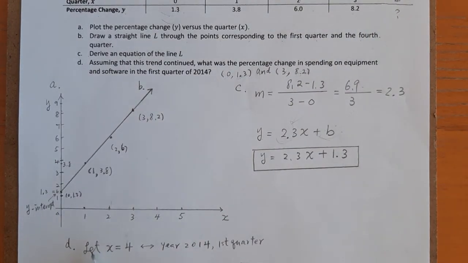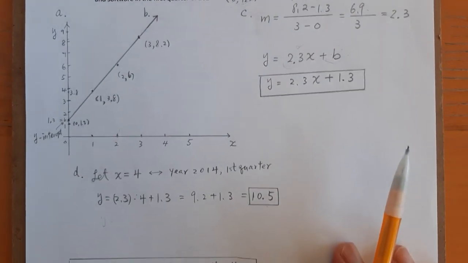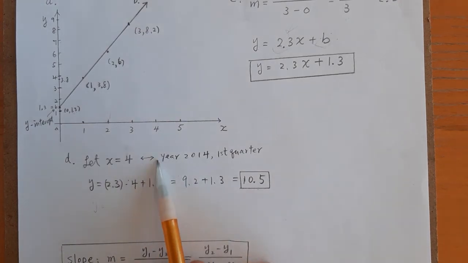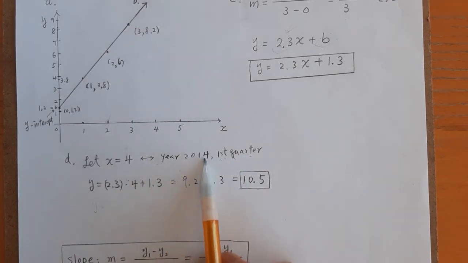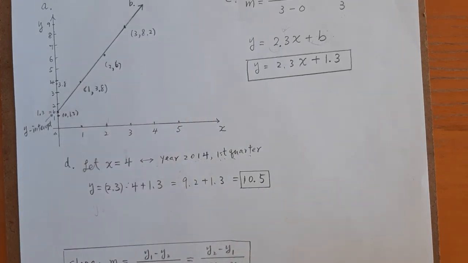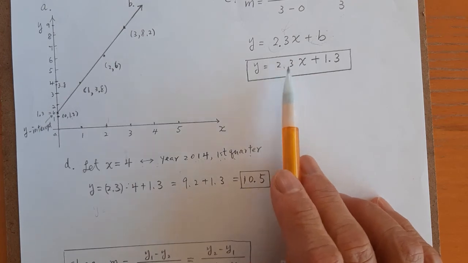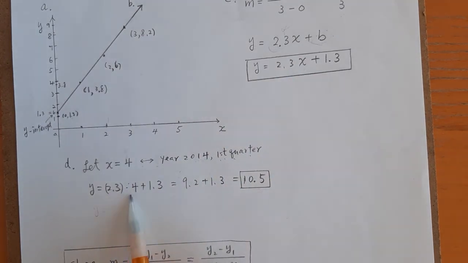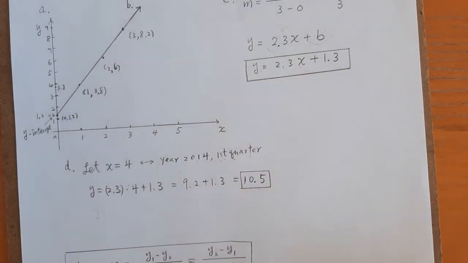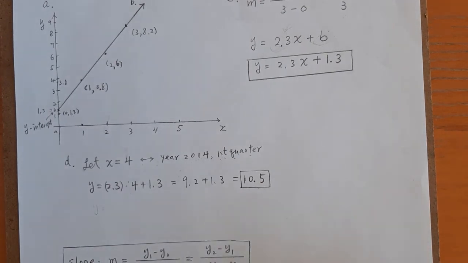So let x equal 4 and plug in: 2.3 times 4 is 9.2, add 1.3, get 10.5.